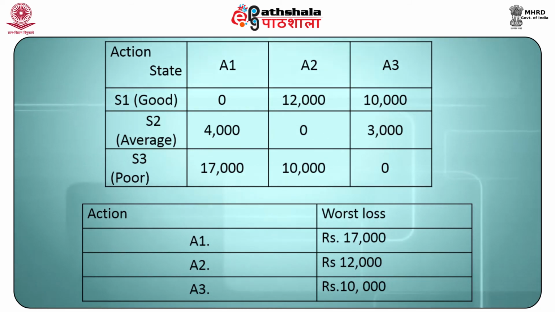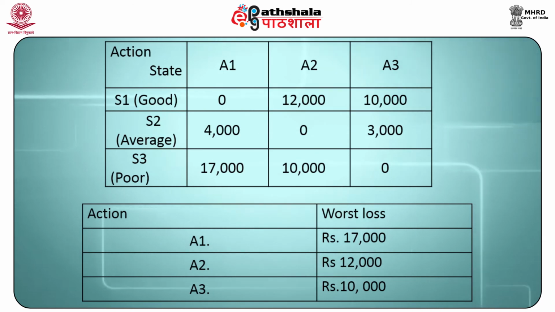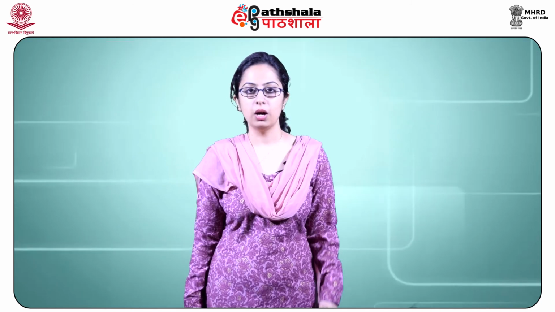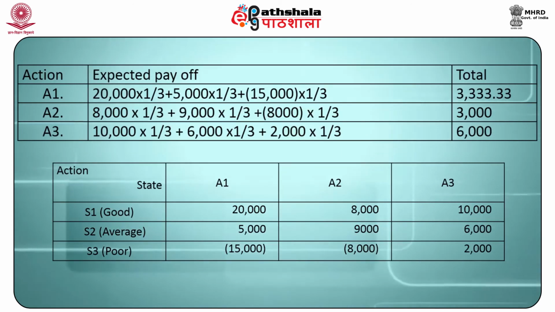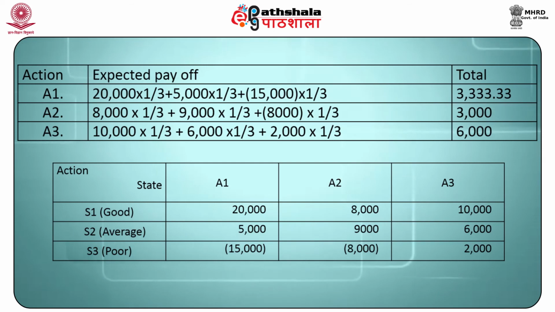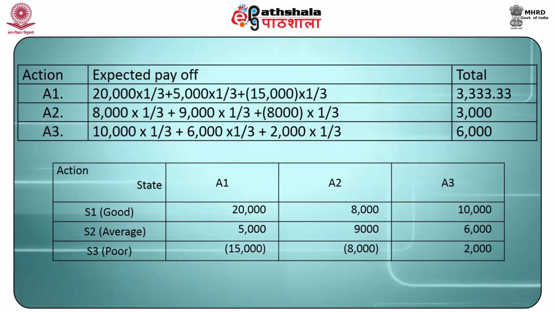Minmax regret criterion, strategy A3 with minimum regret as shown under the following table. Fourth, Hurwicz's plan, he should go by plan A3. Table for calculating the weighted index has been shown in the table. Fifth, Laplace criterion. As per this plan, the strategy should be the highest, as shown in the table. Therefore, after the analysis, the best strategy is A3.